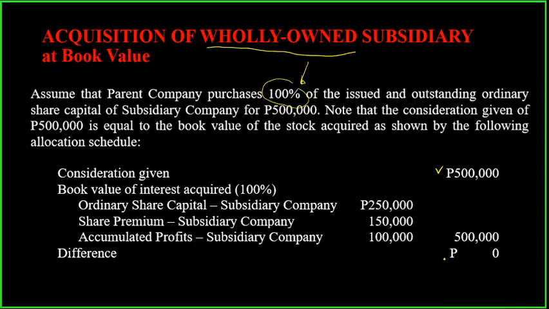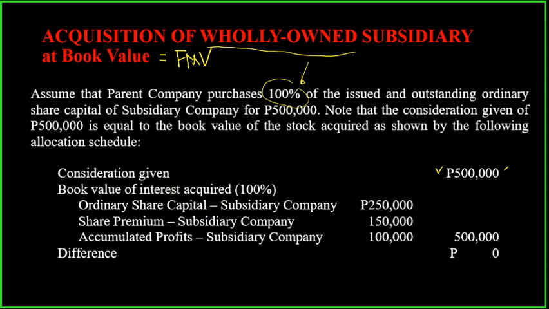So, this is now the problem. Okay, what's the consideration given? Okay, and then what's the book value of net assets acquired? Now, assuming that this is also the fair market value, ilagay nga natin as one of the assumption. It's acquired at book value, and the book value is equal to the fair market values of the net assets acquired. Okay? In some problems, sasabihin, the subsidiary or the acquiree is fairly valued.